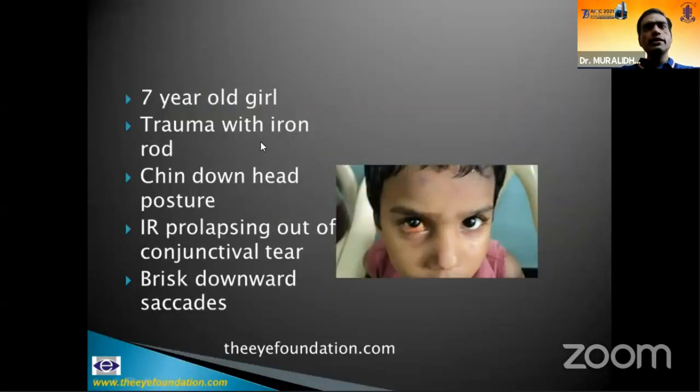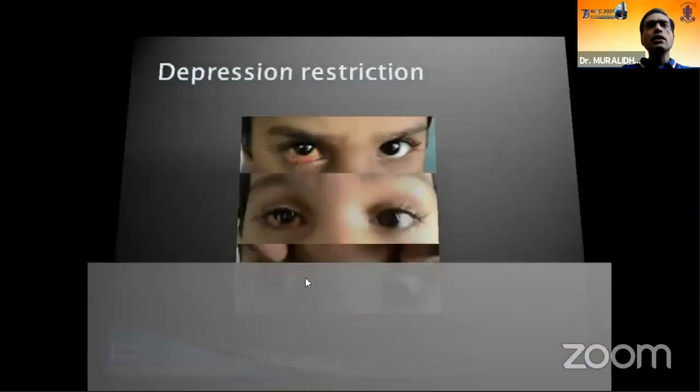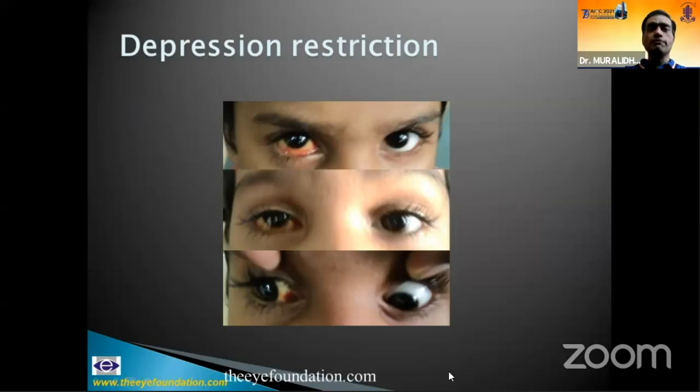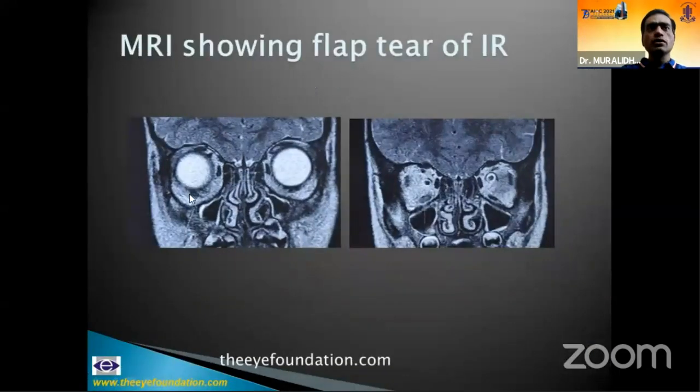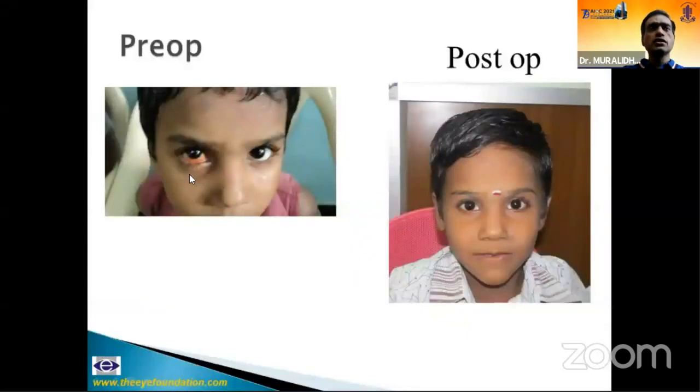And this was a very interesting patient. This patient sustained trauma with an iron rod and had a chin down head posture. We suspected avulsion because the IR was also collapsing out of the conjunctival tear. This is the preoperative picture, but on MRI, the patient seemed to be having what is called a flap tear, that is a partial tear. And when we explored her, the orbital layer was lying free.